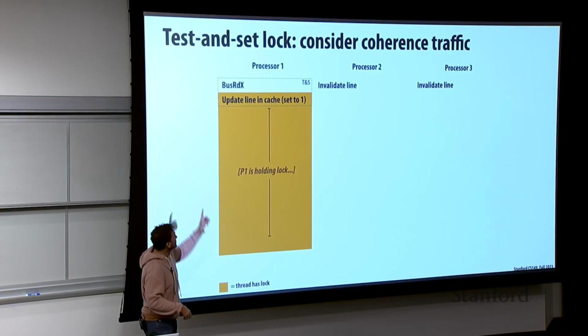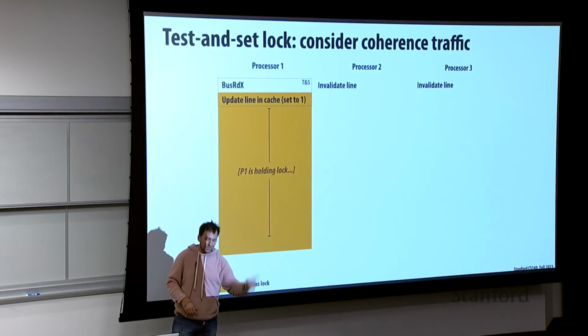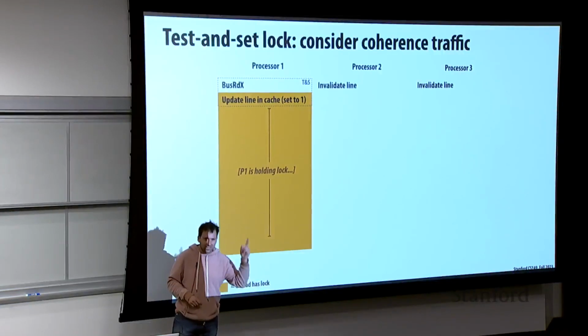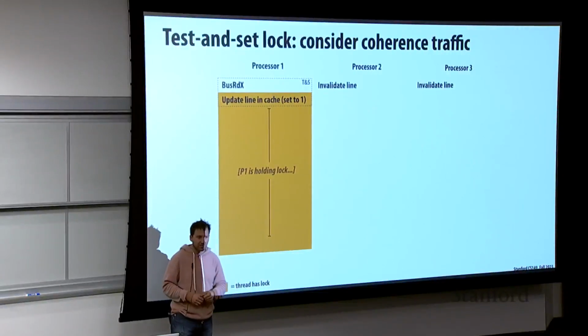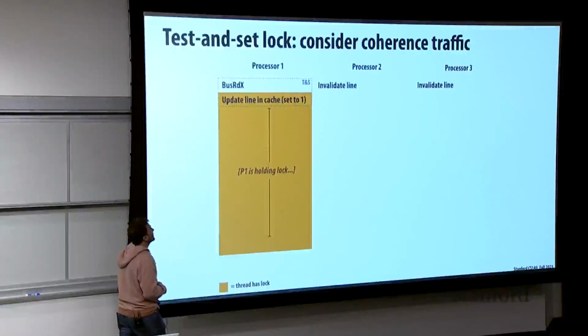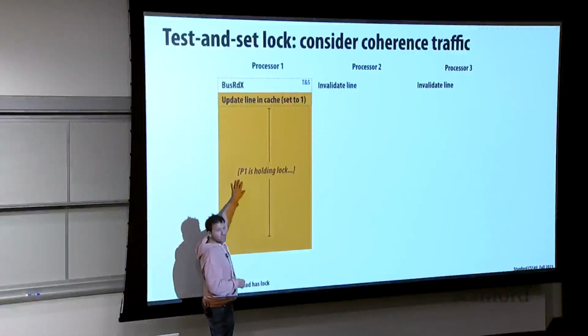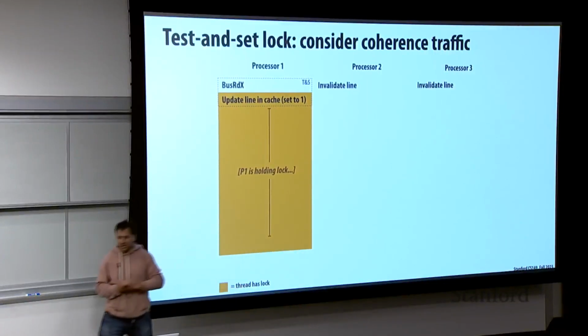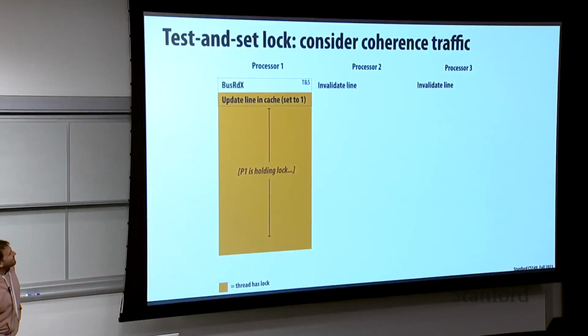Since it's a write, processor 1 in this case is going to try and execute its test and set. That test and set is going to cause an invalidation, because that's a write operation. Even if it fails, it's a write, because it's an atomic operation that may write. So if that test and set succeeds, I think you would agree that processor 1 is holding the lock. Now let's think about what happens at the same time.